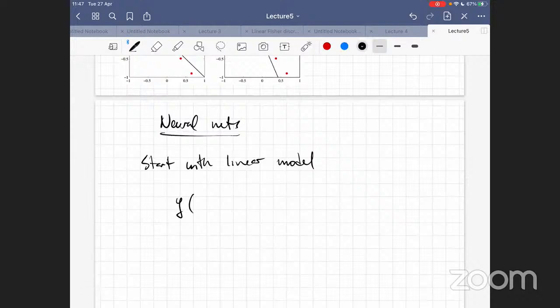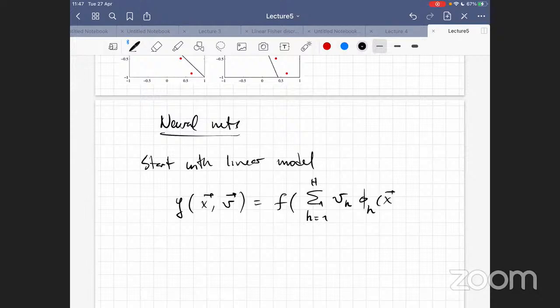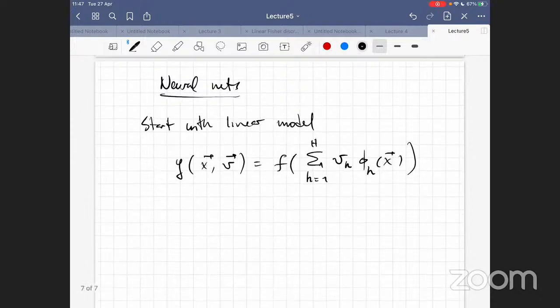The output of the model, given some parameters, let me call them V now, is just a function, a nonlinear function in general, of some linear combination of the inputs. Let me write this linear combination from H1 to capital H, VH, and you have these phi terms here. So you agree with me that this is a linear model, at least in phi space.